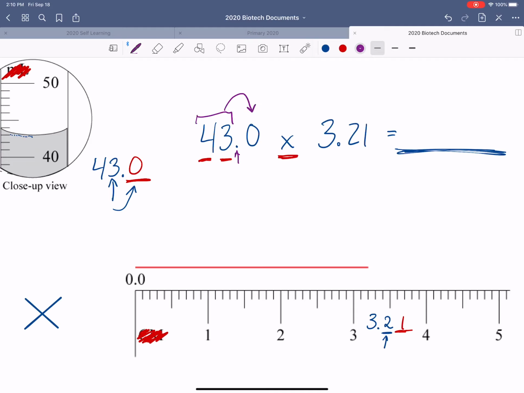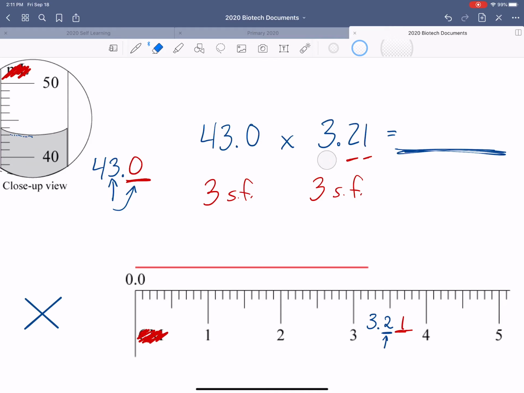So this is a right-hand 0, and there's a decimal point. That gives me all the information that I need, that this is in fact also a sig fig. So 43.0 is actually a 3 significant figure number. And then our other number here, 3.21, all of those are non-zeros, so that's also 3 significant figures.